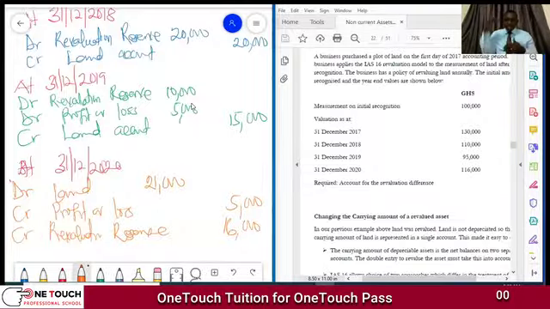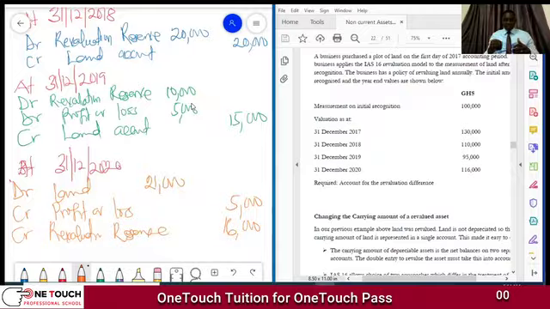Then, if on subsequent revaluation there is a revaluation deficit or loss, the loss should be sent to the revaluation reserve account to the extent that it reverses the initial gain. Here, the revaluation gain initially was 30. The subsequent measurement gave us a loss of 20.